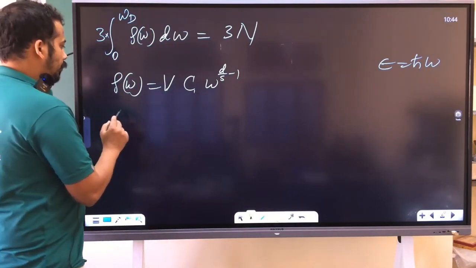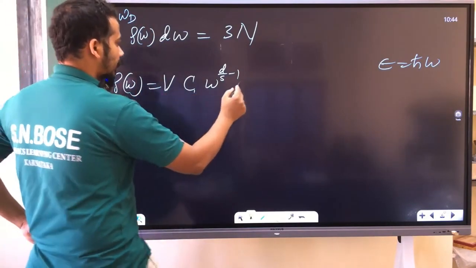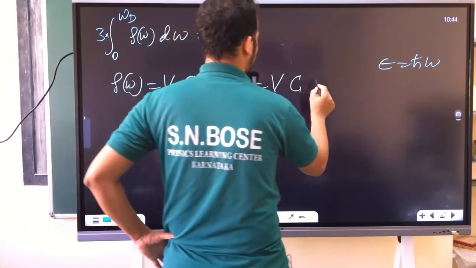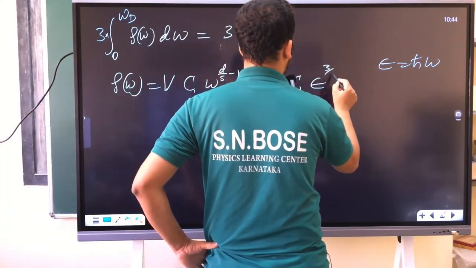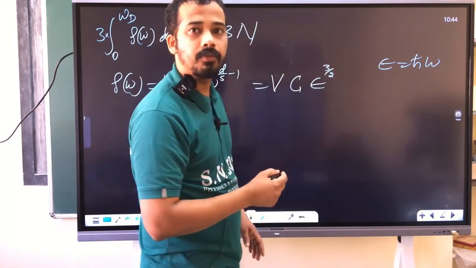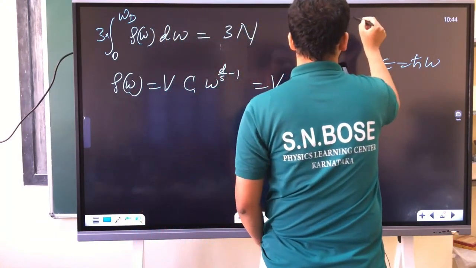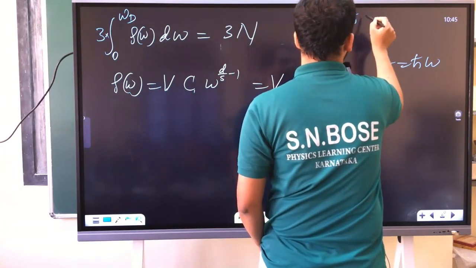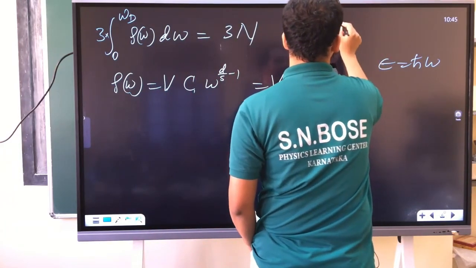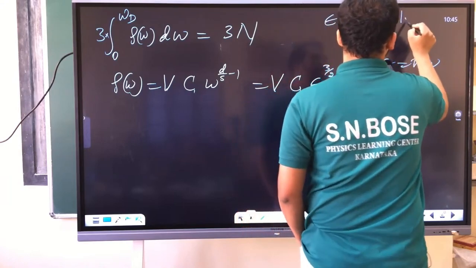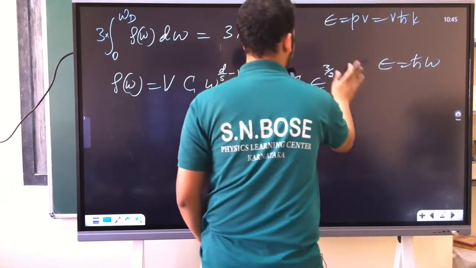So when you substitute this, what is the dimension usually? V into constant into, what is the dimension, 3 by 2? If I take phonon, E is equal to P into V for phonon, V h bar into K power 1 actually.